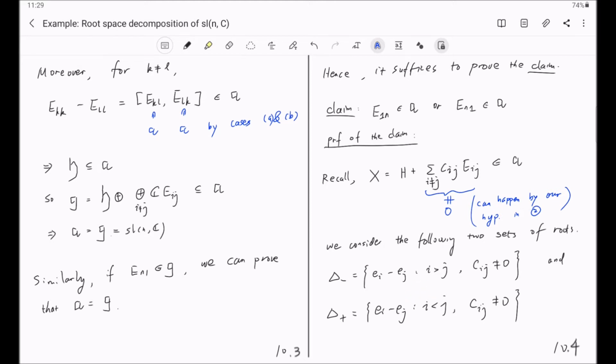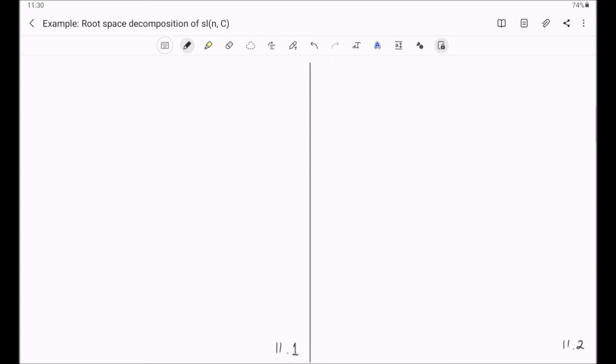The quick observations about delta negative and delta plus are the following. First, both delta negative and delta plus are finite subsets of delta. This is obvious. And at least one of them is non-empty.